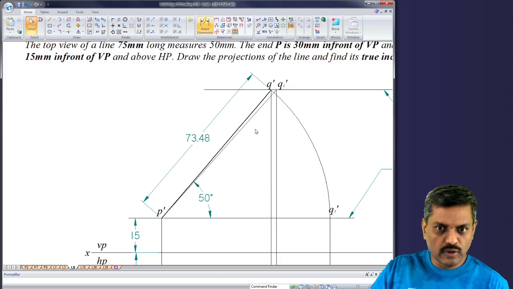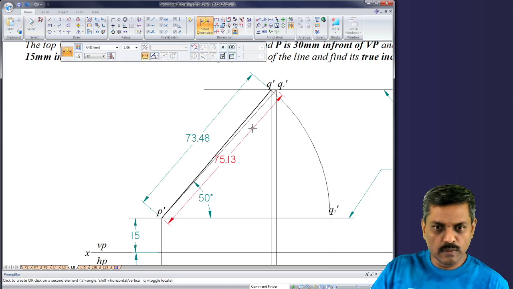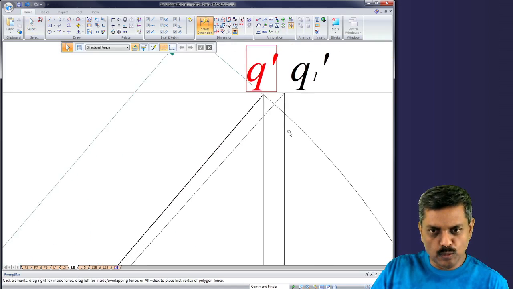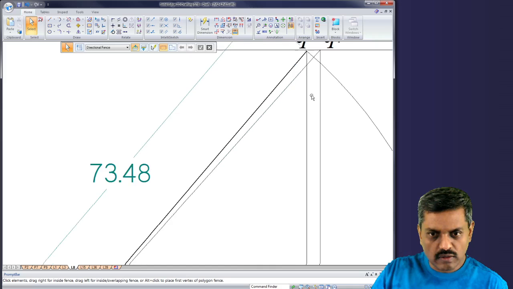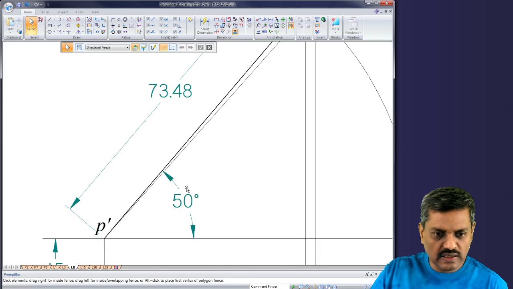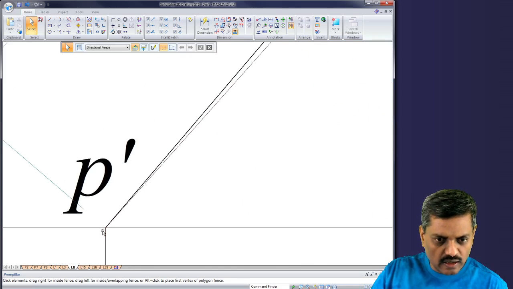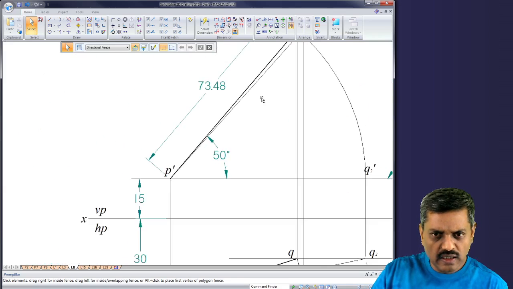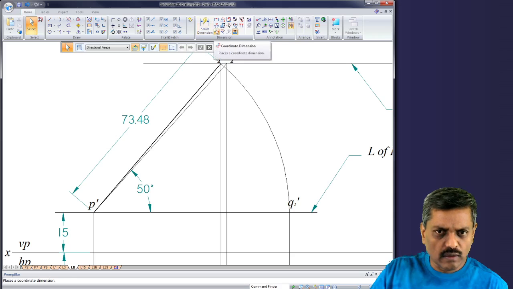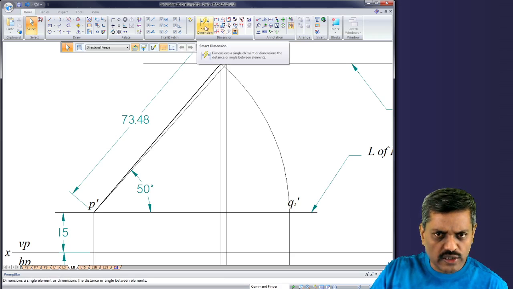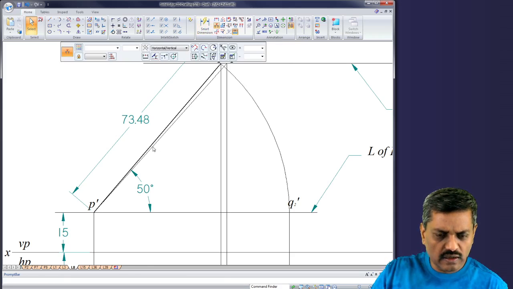And if you try to measure, it should be exactly 75. So 0.13 is negligible. Somewhere where it touches, or probably the end of the line, maybe at a different location. And let me measure this angle.